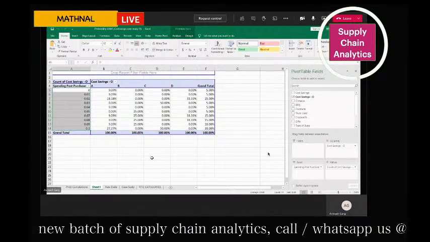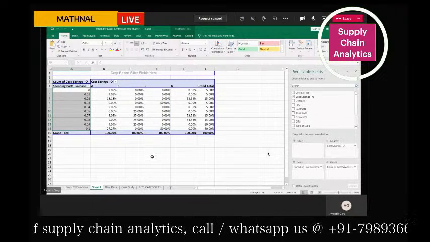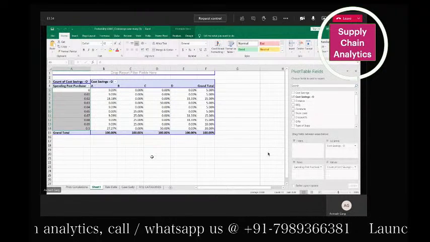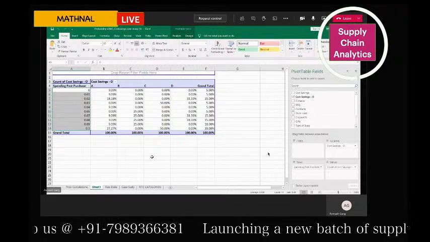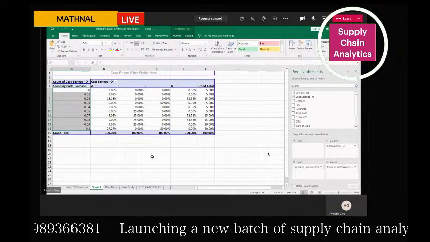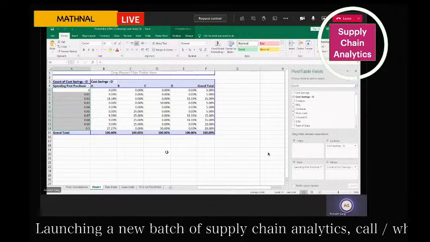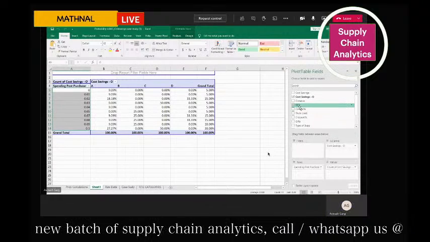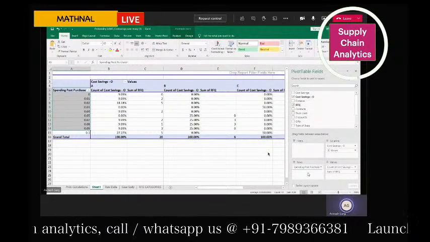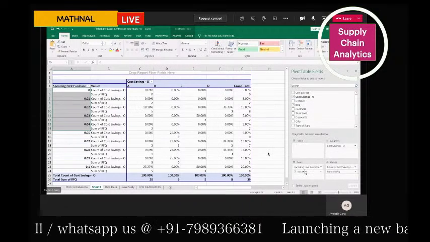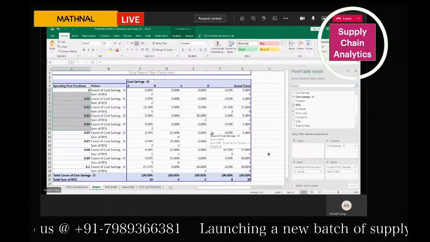Currently we have only one variable in the rows, that is spending post purchase. So we can put one more, we can put RFQ also on the rows. No, not in the column, in the rows.